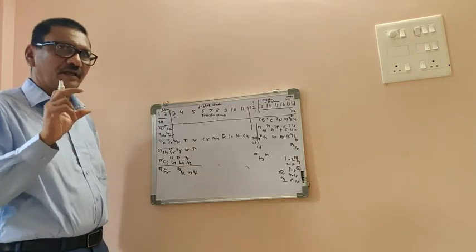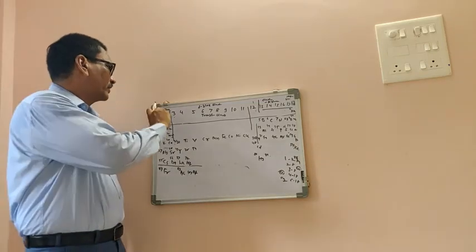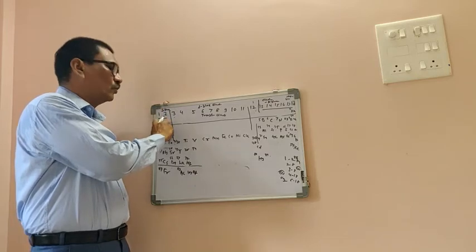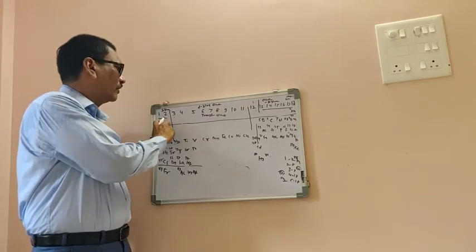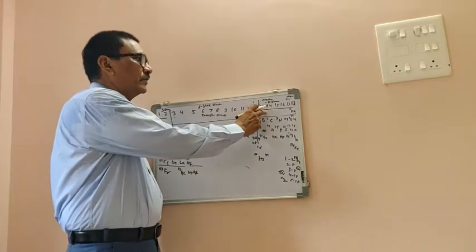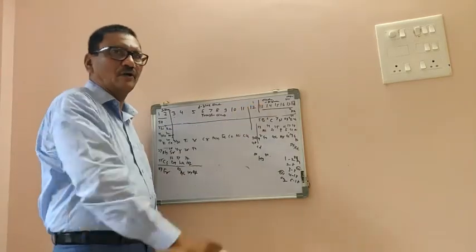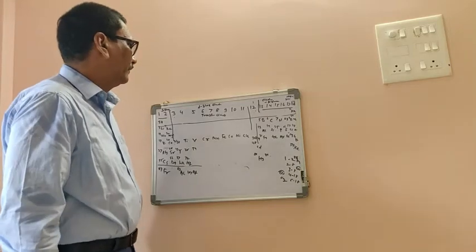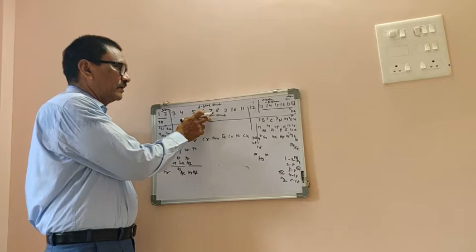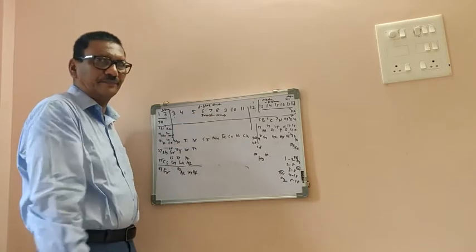Because these elements show the transition from strongly electropositive S block metals to strongly electronegative P block non-metals. And that's why these elements are called the transition elements.